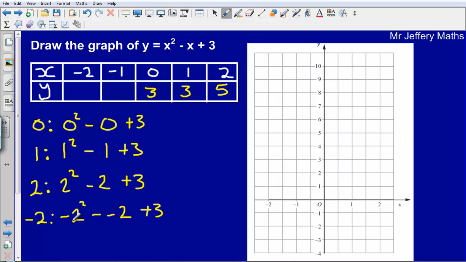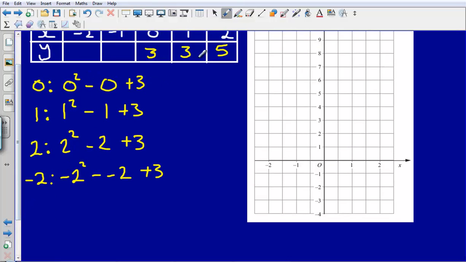So let's draw this out nice and carefully, and go through what each part is worth. We've got minus 2 squared. Well, that means minus 2 multiplied by minus 2. We're multiplying two negative numbers, so it gives us a positive answer. So minus 2 squared gives us 4.